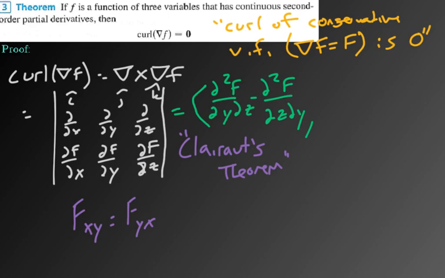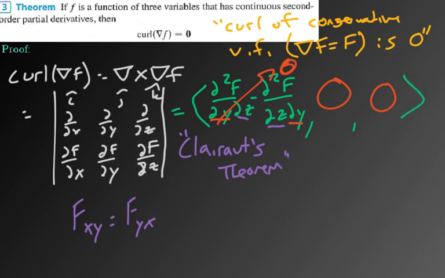And so what you have happening here is you've got these mixed partials that are the same, y, z, z, y. So this whole thing actually goes to 0. And if you go through it, you're going to get mixed partials in every component. So you're going to get a 0 in the j and a 0 in the k. And so that proves it.